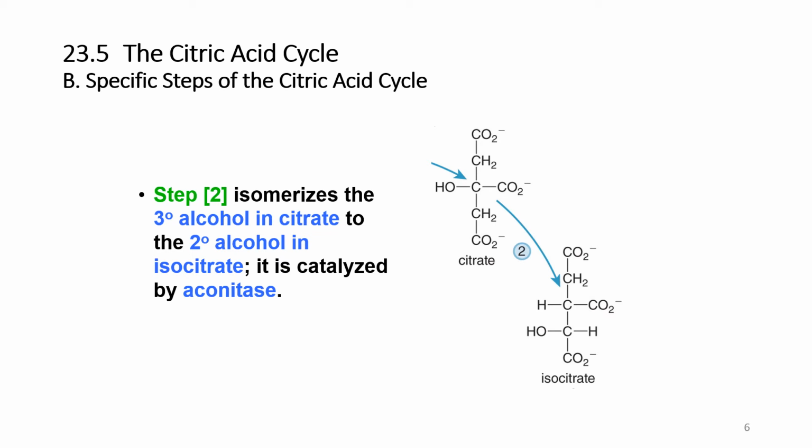Here in step 2, citrate is a tertiary alcohol. This carbon is bonded to 3 other carbons and the hydroxyl group. So this is rearranged and this hydroxyl group moves down to this carbon, which is bonded to only 2 carbons. So we now have a secondary alcohol, and this is isocitrate. And this reaction is catalyzed by aconitase.